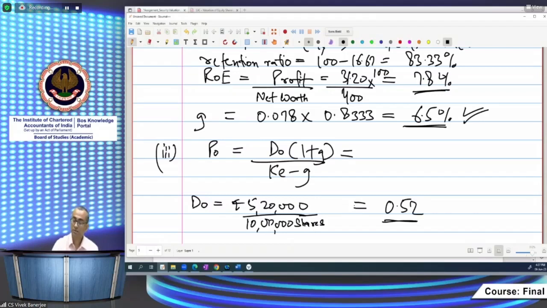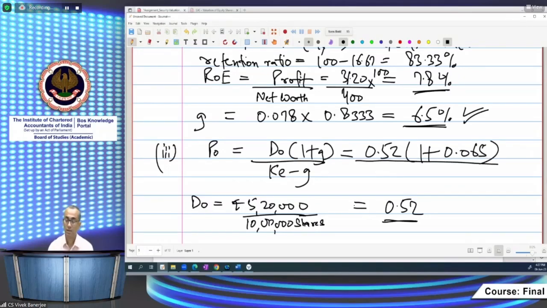So now put this figure into the formula. 0.52 into 1 plus growth rate, we have just calculated 6.5%. KE, the discount rate, is given in the question. Required rate of return of investor is 15%, minus growth rate.